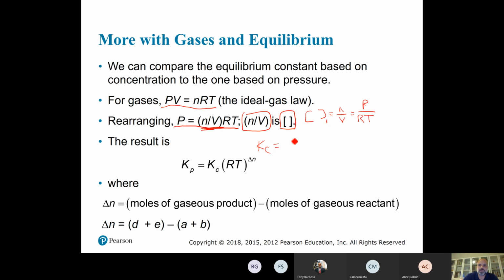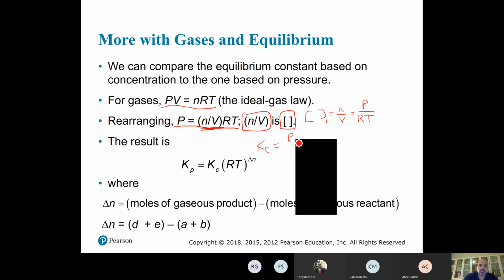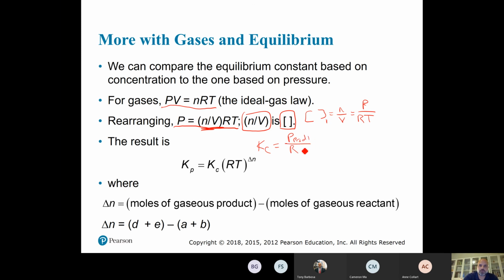I'll call this concentration 1, which is just P of product 1 all over RT, times P of product 2 all over RT, all divided by the pressure of reactant 1 all over RT, times the pressure of reactant 2 all over RT.